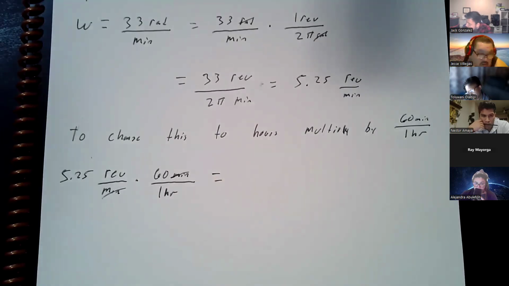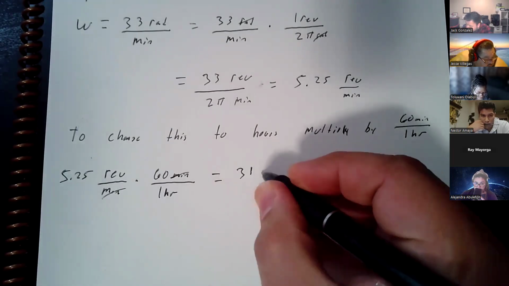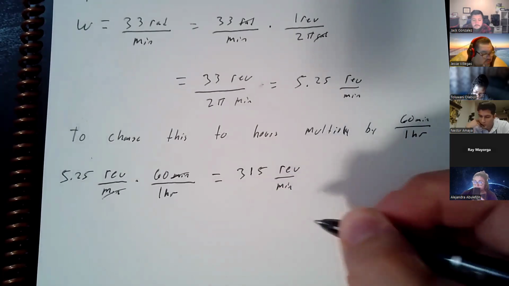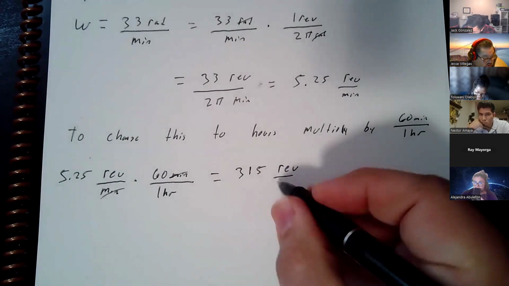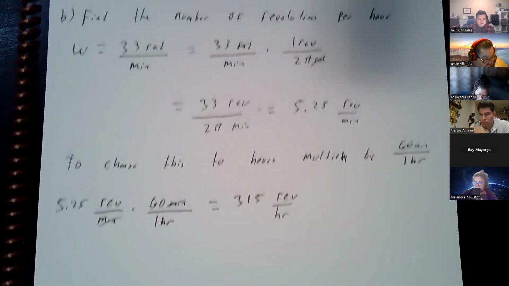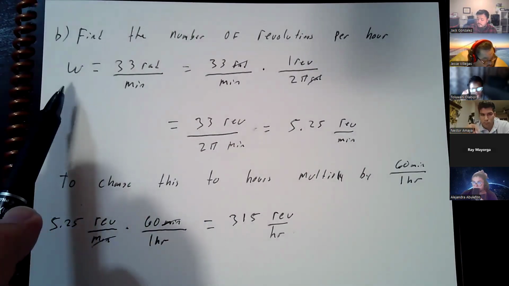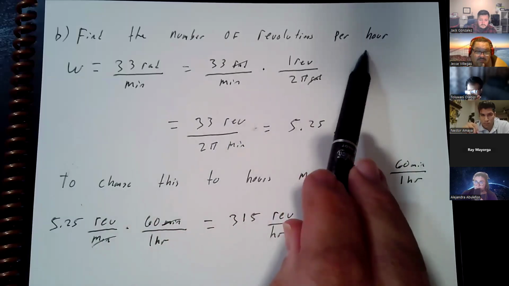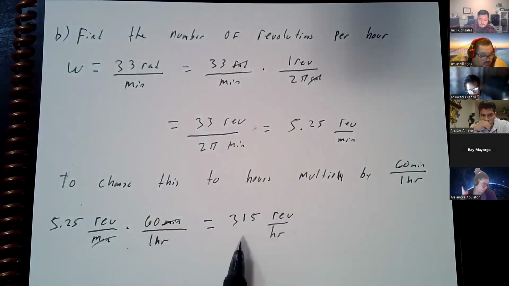That will be times 60, 315.12. Let's round to the nearest whole number. So from the top, the question said find the number of revolutions per hour. Take your angular speed, change it to revolutions, and if they ask for a different unit, you're going to have to deal with it. We had minutes, we changed it to hours here. And we got 315 revolutions per hour.